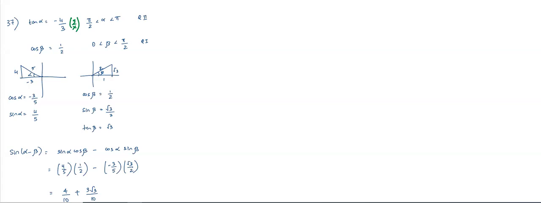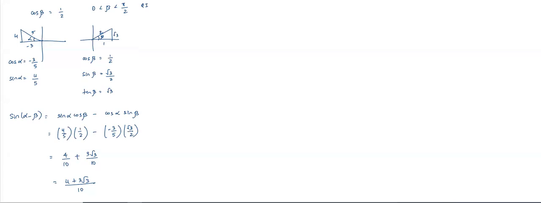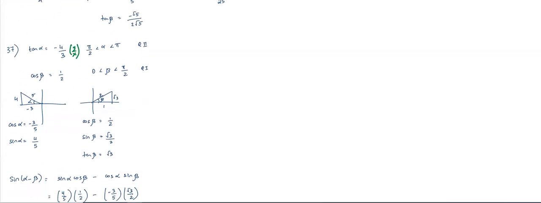So now what I can also do for this problem is find out what is tangent A minus B. To do that, I'm going to use the tangent formula, which is tan A minus tan B over 1 plus tan A tan B. So tan A is, how much was it? It was given to be negative 4/3, right?